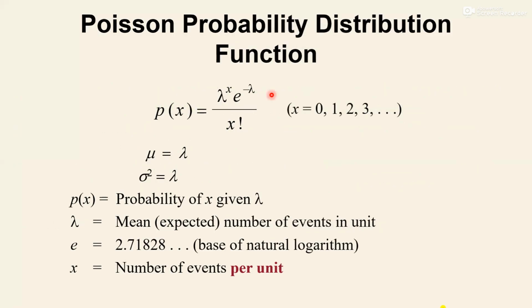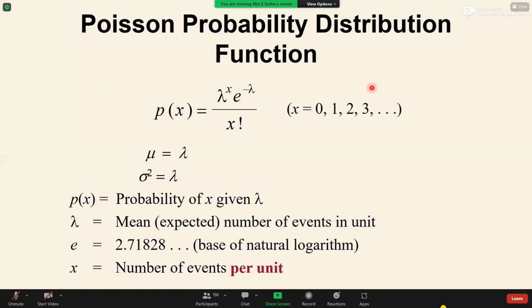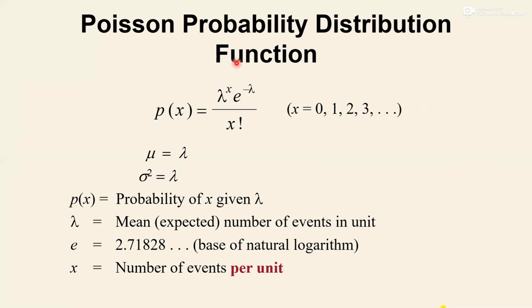Similarly, in the Poisson probability distribution, just as we defined it for the binomial, here also we have a specific formula.